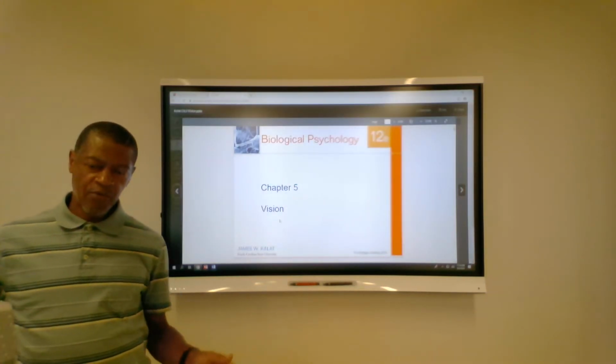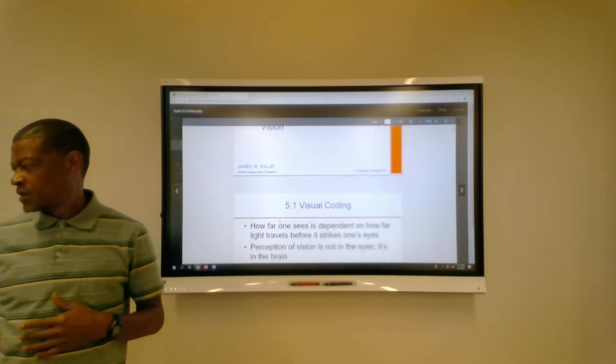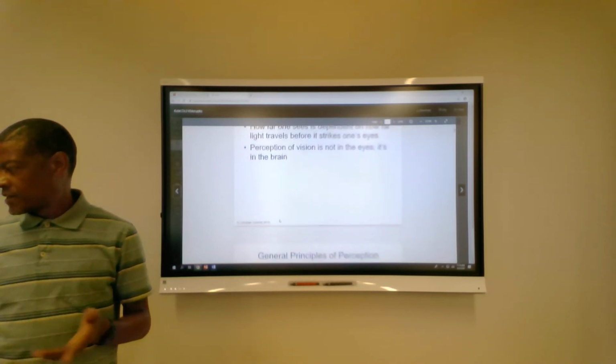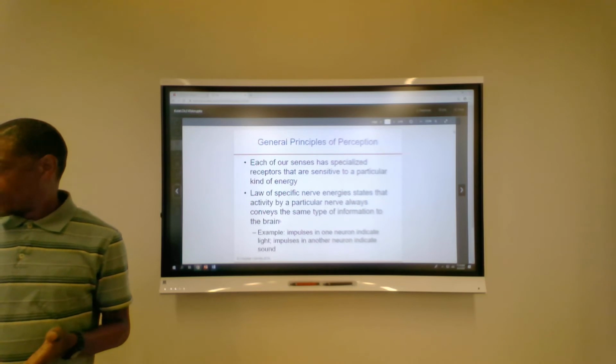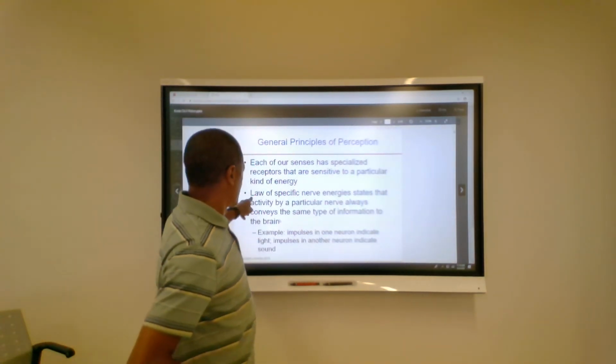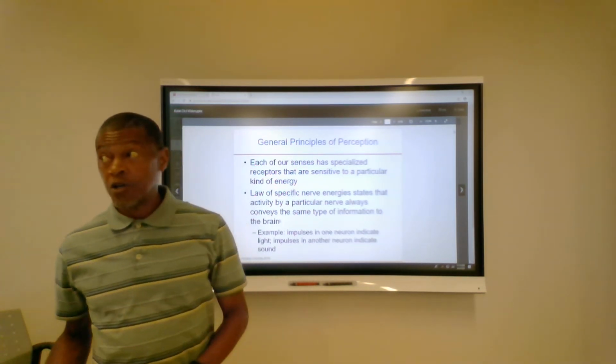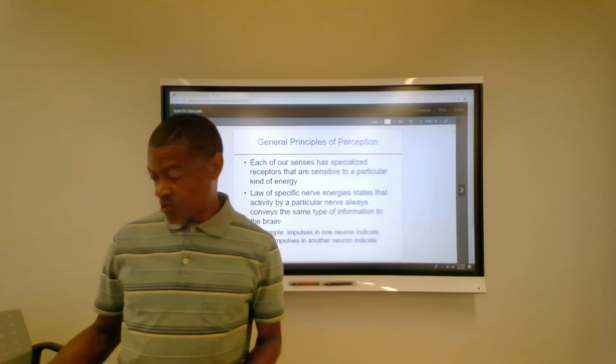So when you look at your PowerPoint slides, essentially just the first module, 5.1, it's just saying that there's a term called the law of specific nerve energies. Every particular nerve pathway responds to certain kinds of stimuli.